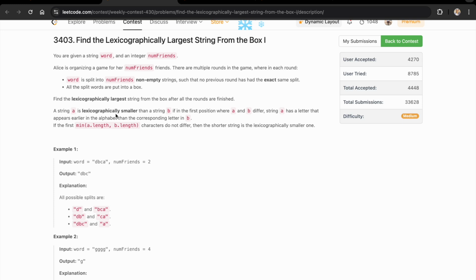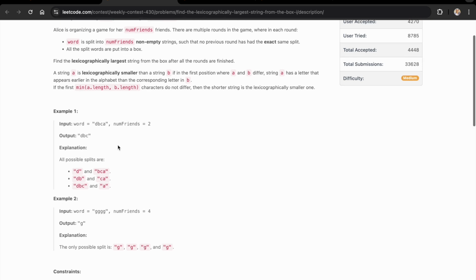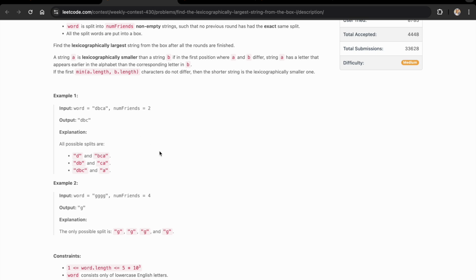A string A is lexicographically smaller than a string B if in the first position where A and B differ, string A has a letter that appears earlier in the alphabet than the corresponding letter in B. So we have to return the lexicographically largest. If we have dbca, we have to split it for two friends and return the maximum one.